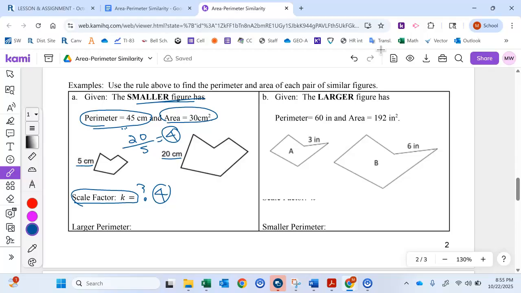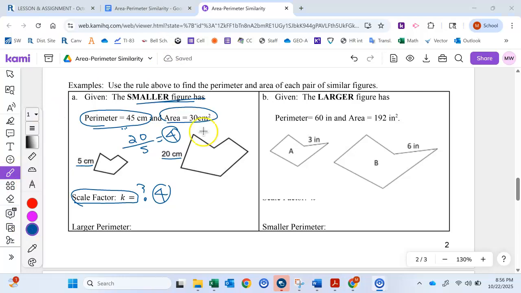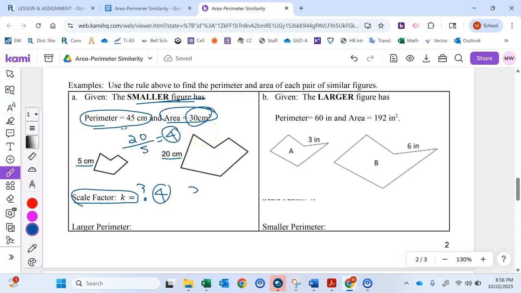Now, the area is 30. So that means we have to take the smaller one, 30, and multiply it not just by k of 4, but k squared, or 4 squared. So 4 squared is 16.